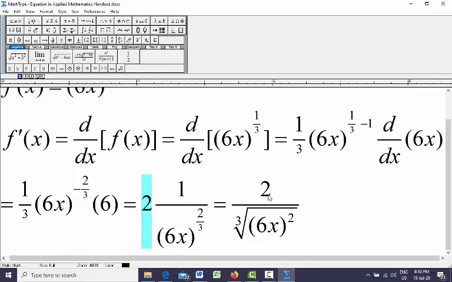So it is like this. 2 also is in the numerator, and this 2 will get multiplied with this 1. We will have 2 on the numerator, and this one can be written like this. Why? Because this 2, let me write another step here so that you get a clearer picture.